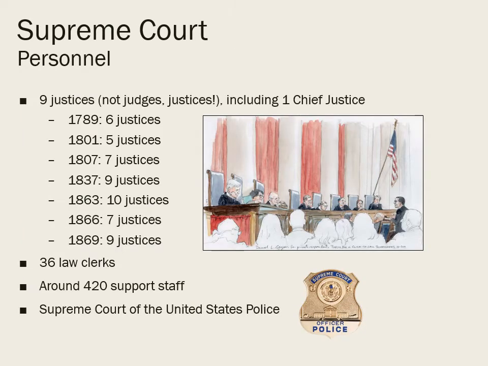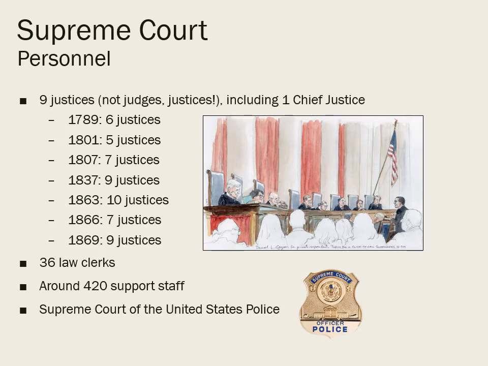So there are currently, or there should be, 9 justices on the Supreme Court. This number is not set by the Constitution. The Constitution is silent about how many justices should sit on the court. Now, the Constitution does mention the office of the Chief Justice, but it mentions it as part of the impeachment process where the Chief Justice presides over the Senate trial.